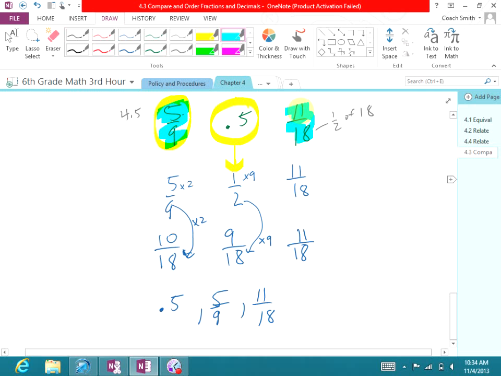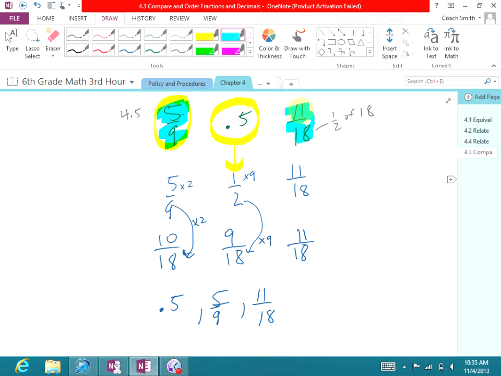Okay. So before I even came up with equivalent fractions, common sense would tell us that that's bigger than a half, that's bigger than a half. So I know that 1/2 then is the smallest one. Okay. Now, 5 is just right after 4.5, so that's pretty close to, that's right at a half. 11 is 2 more than 9, so that's going to be the larger one.